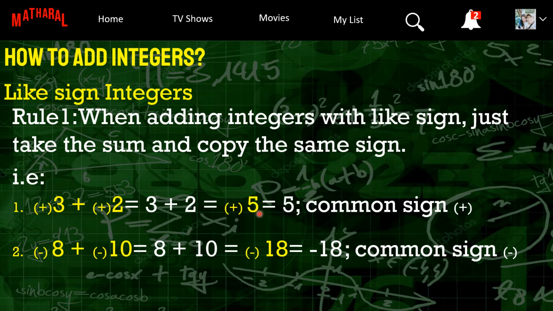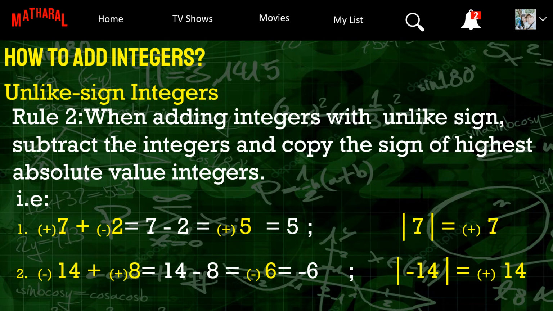Doon kay positive integer, pwede mo siyang tanggalan because whenever you see an integer without a positive or negative sign, it is automatically a positive integer. Okay po. So, in here, the common sign is negative as we have mentioned earlier. So, next slide.